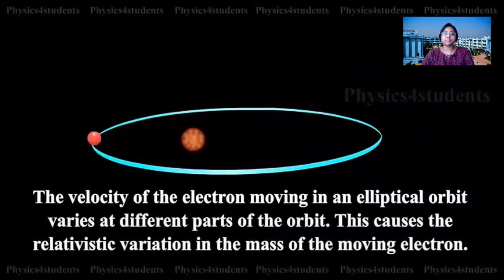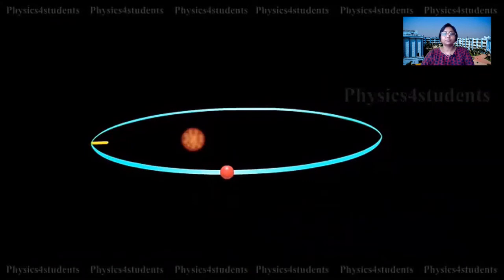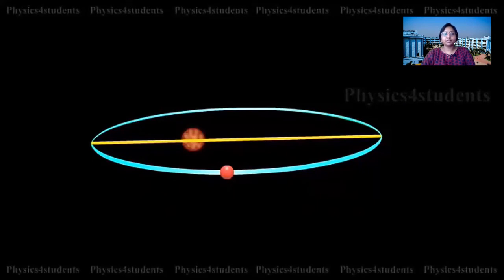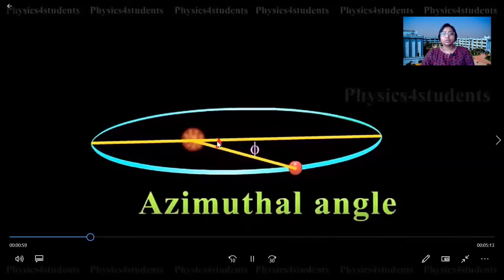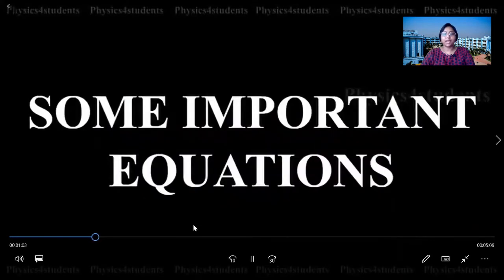This causes a relativistic variation in the mass of the moving electron. And now if we draw the line, what will be the value of this angle from the electron to the nucleus? This angle is called the azimuthal angle.